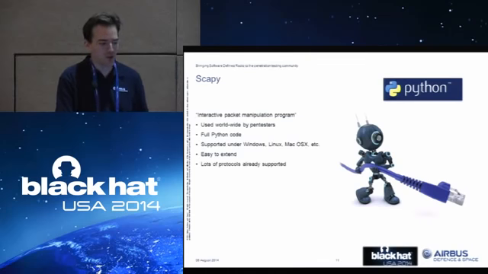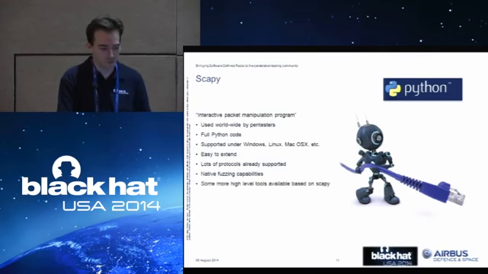And it supports a lot of protocols right now. It has native fuzzing capabilities, so it can speed up your pen test. When you're just adding a protocol, you can use the basic fuzzing capabilities of Scapy and find a crash or things like that. And you also have some high-level tools available based on Scapy, for example, like we will see later, automatons, and you also have external programs.